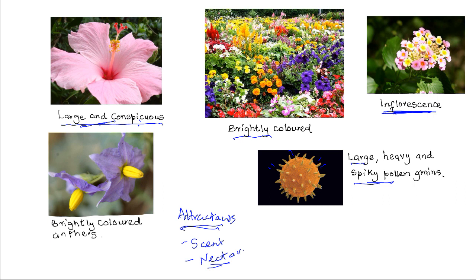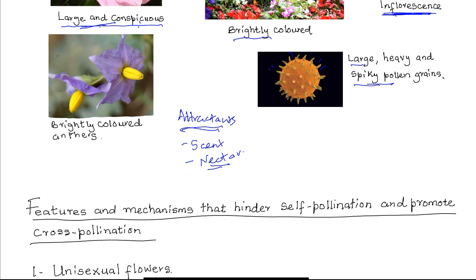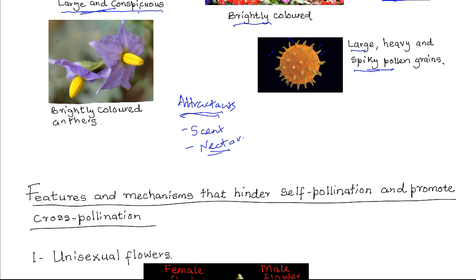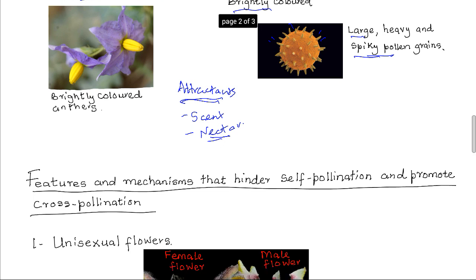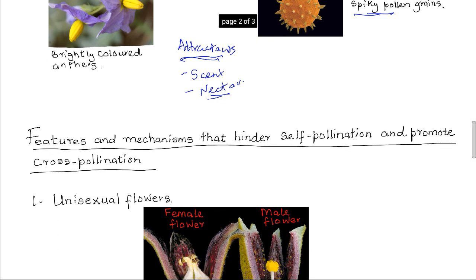Now, in nature, cross-pollination, that is the transfer of pollen grains from one flower to another, is more common than self-pollination. So different plants have particular mechanisms and features that will hinder self-pollination and at the same time promote cross-pollination. This is because given that most flowers are bisexual, they have both male and female reproductive structures.